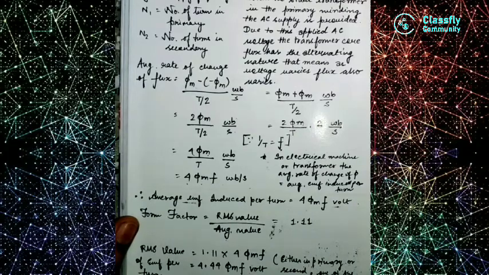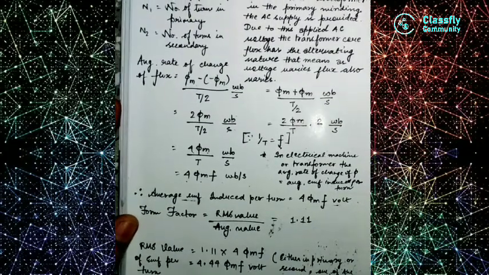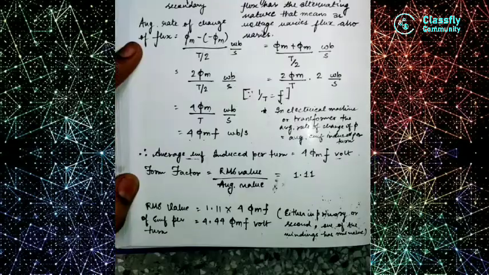So we will simply get the RMS value, right? When we do, we get 4.44 phi mf, and its unit will be the same, that is volt, because it is the RMS value of EMF per turn.